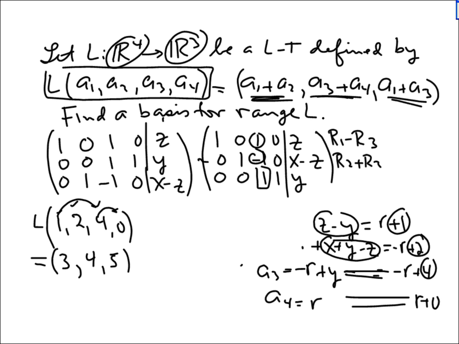Now, it says, believe it or not, that R can be anything I want. Well, what if R was 1? So, if R is 1, let's see what we get.